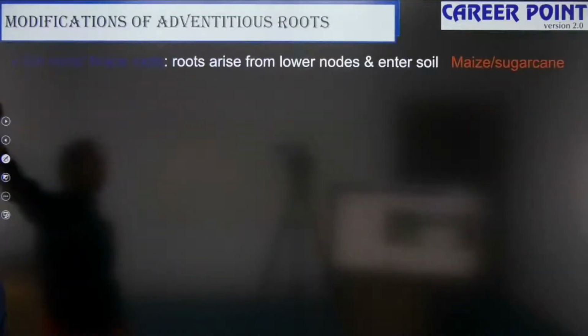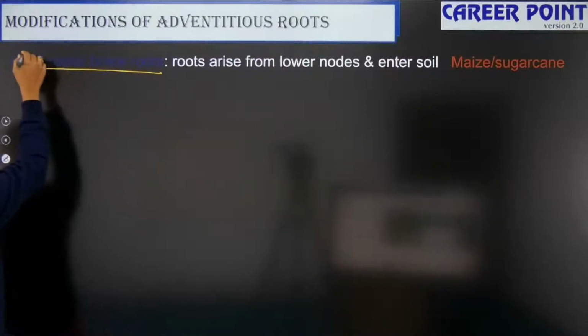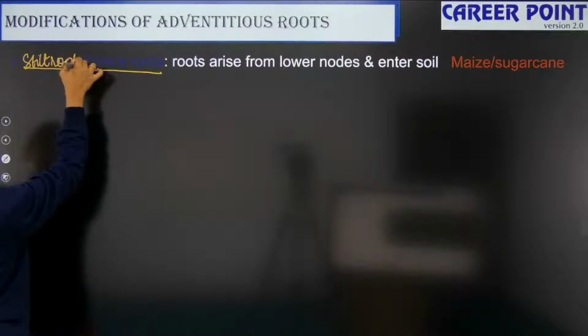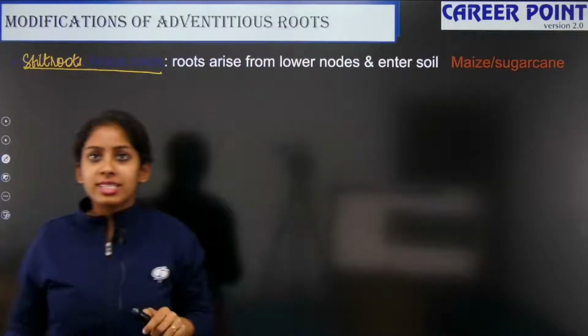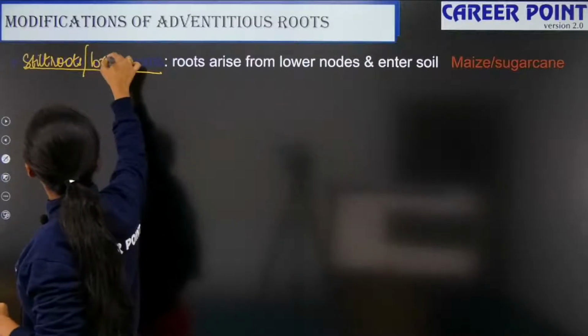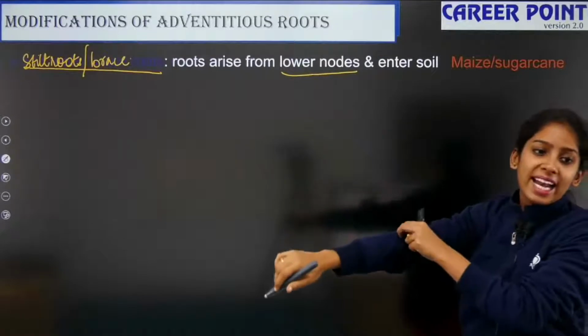So the next type of modification is of your adventitious root. So the first modification is your stilt roots, or it is also known as brace roots. So the roots arise from the lower node and enter the soil.